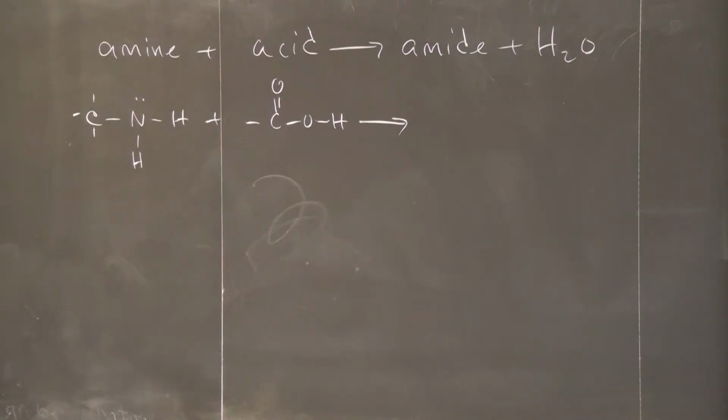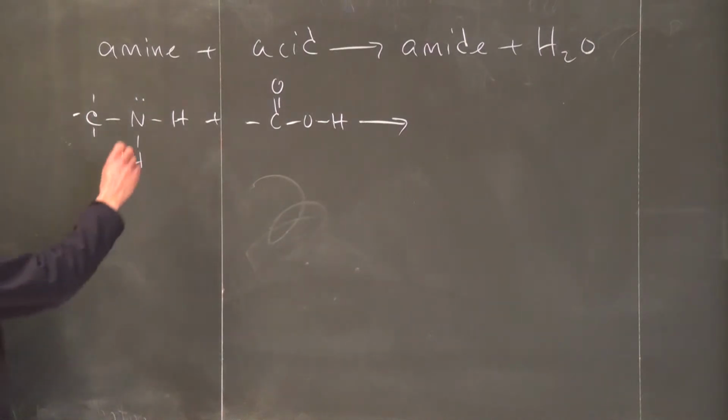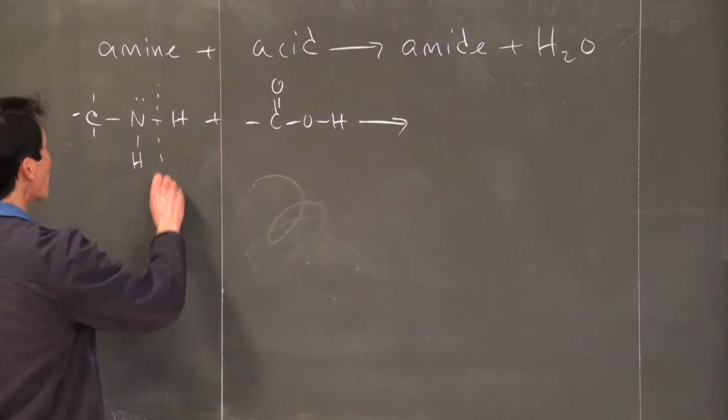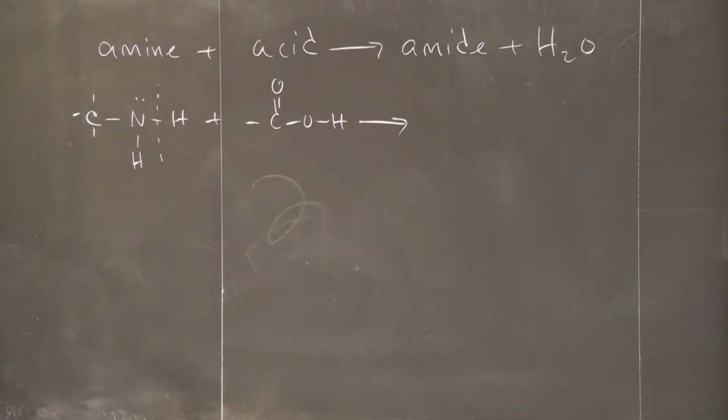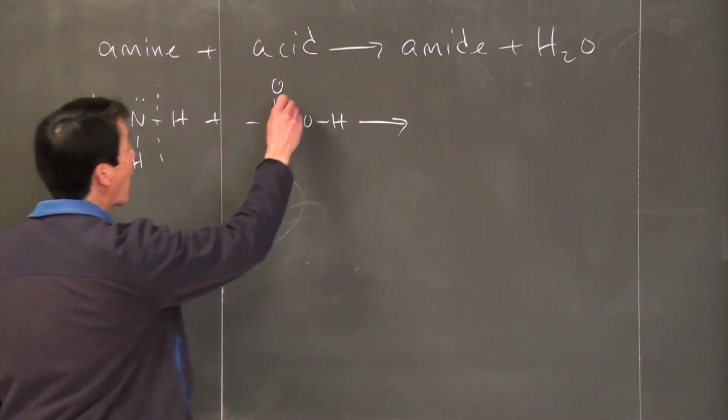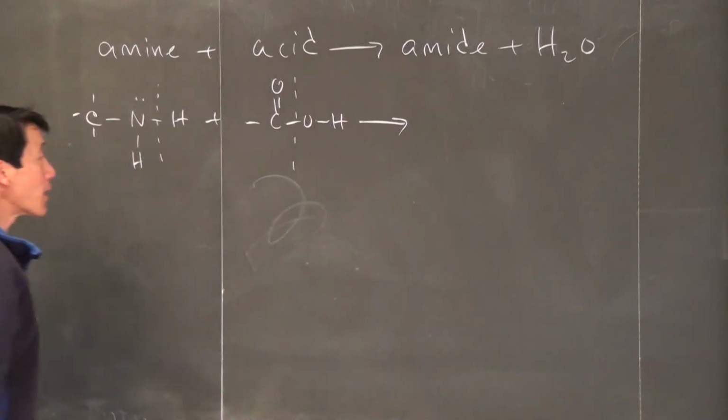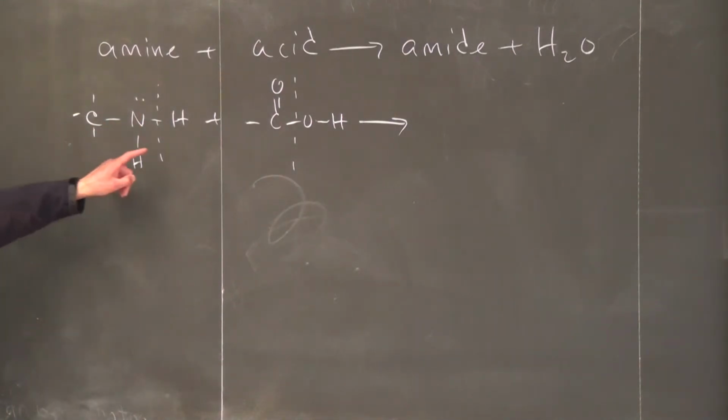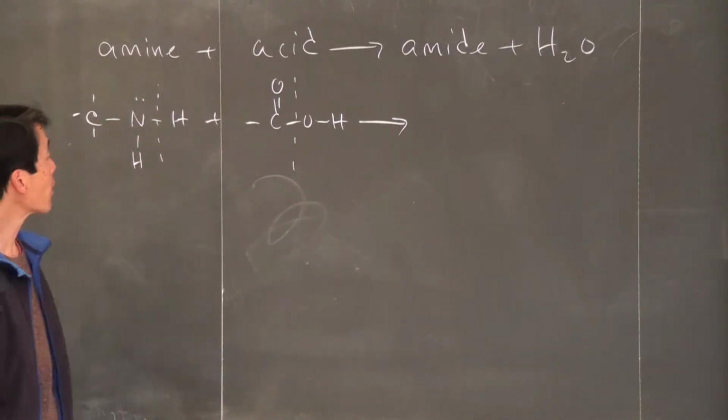So we'll do the same thing we did before in terms of breaking bonds and then making bonds. So what happens is that this bond breaks in the amine, and that bond breaks in the acid. The H combined with the OH to form water.